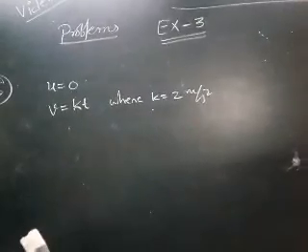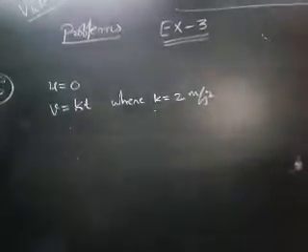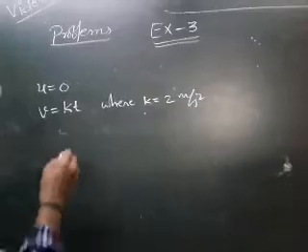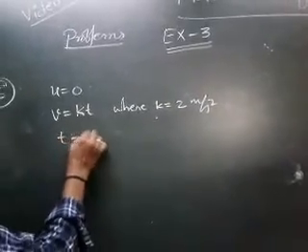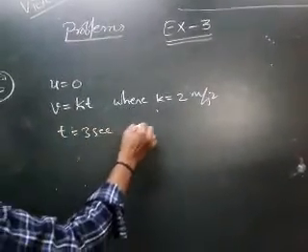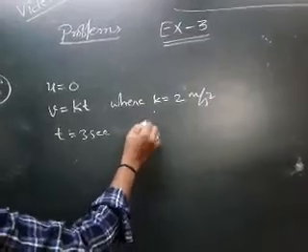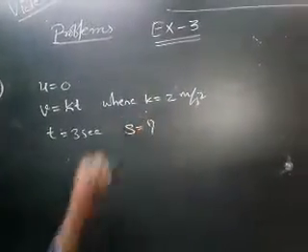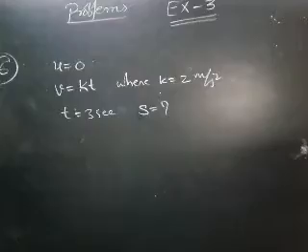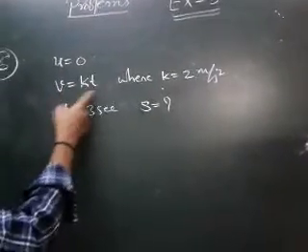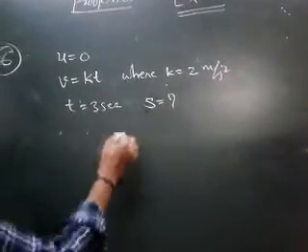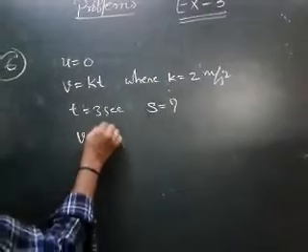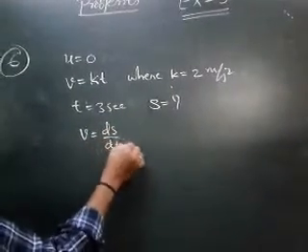Then next, what is the distance traveled in the first 3 seconds? So s is equal to what? The velocity expression is given. Velocity is nothing but ds by dt.